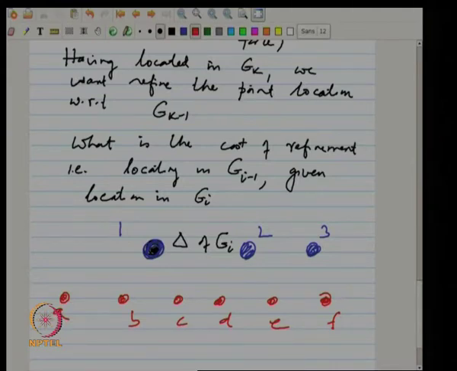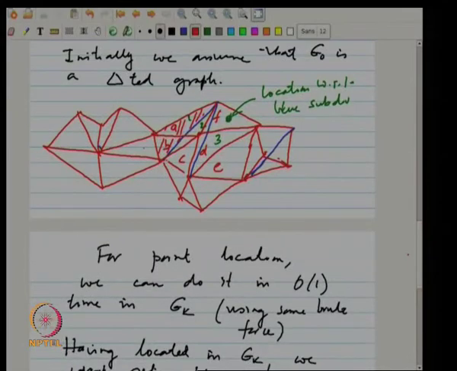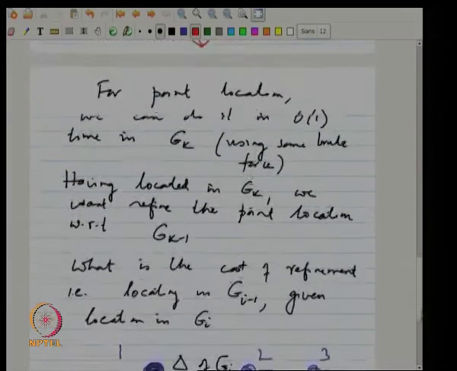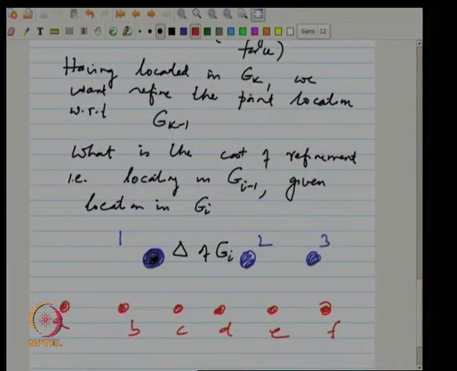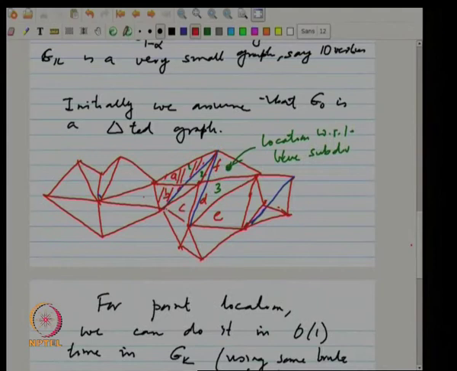And what we noticed is that triangle 1, the blue triangle, intersects A and B, so I will draw an edge between 1 and A and B. Likewise, 2 intersects A, B, C, D, and all of them except E.